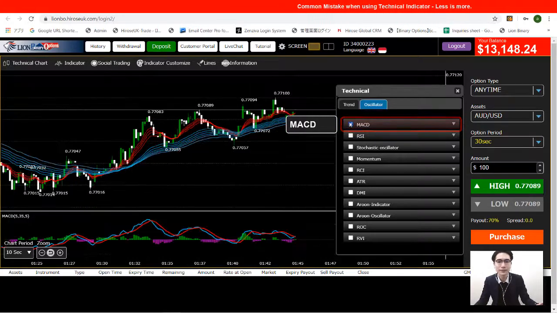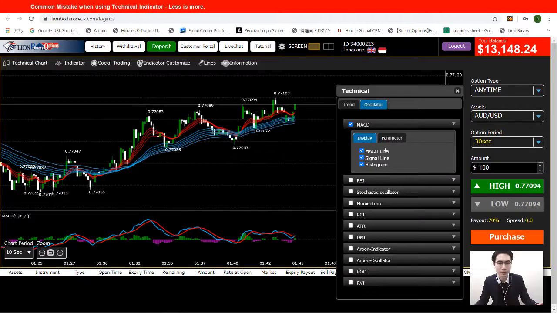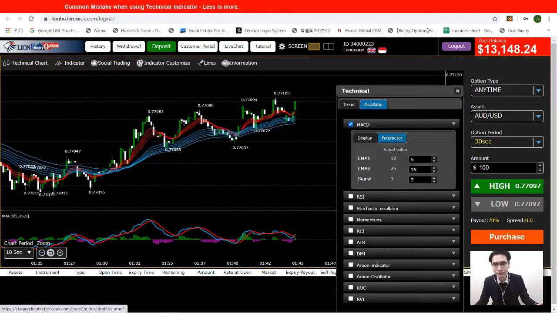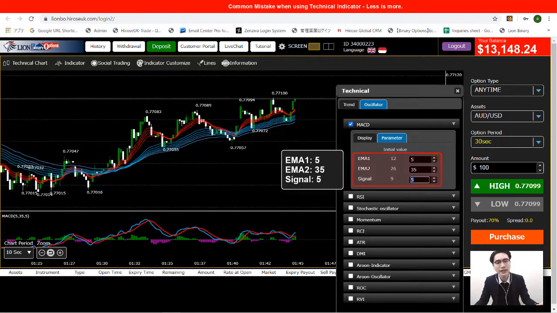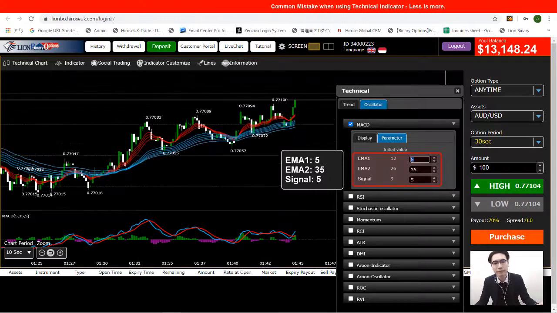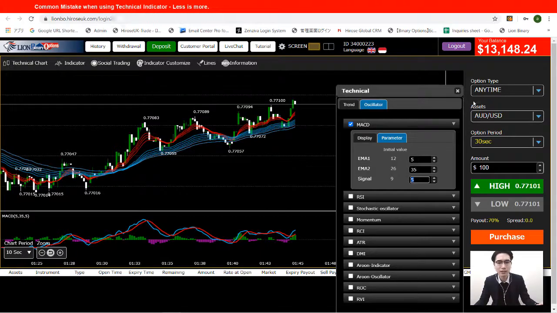Click on MACD. Then we open the drop down for MACD, and we go to parameter. For the parameter, we're using a 5, 35, and 5 parameter. So again, EMA 1 is 5, EMA 2 is 35, signal is 5. Now we are all set, we are all done with the indicators, so we can close it.